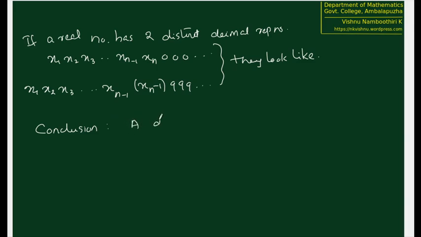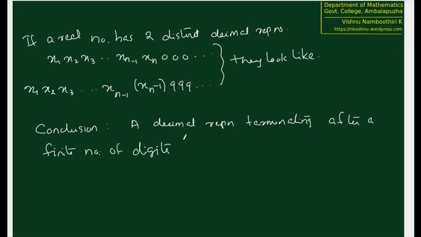A decimal representation terminating after a finite number of digits, that is, all digits 0 after some nth digit. What is meant by terminating is after some nth digit everything is 0.